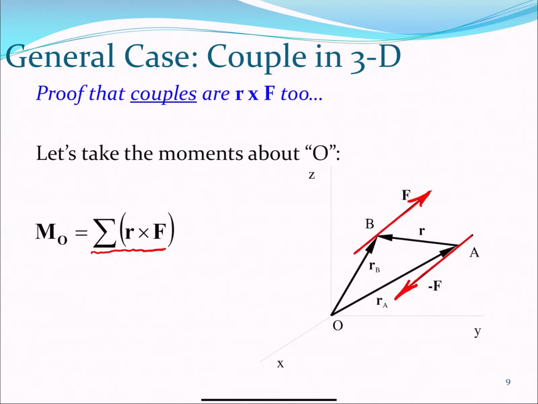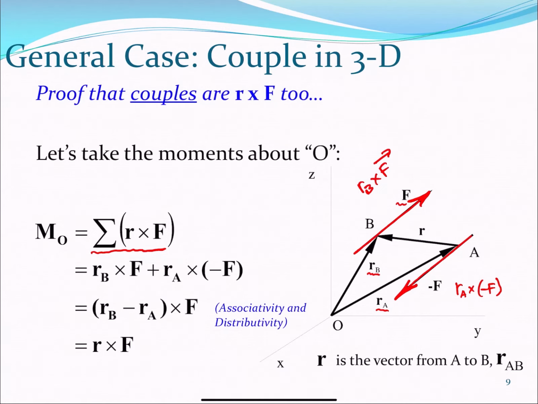So we shoot the first position vector, let's call it RB, to the first vector F. So this will be RB cross F, and then we have a second position vector, RA, shooting from point O to point A in vector minus F. And then the moment caused by that force will be equal to RA cross minus F. And then all we have to do is add these two cross products to get the total moment.